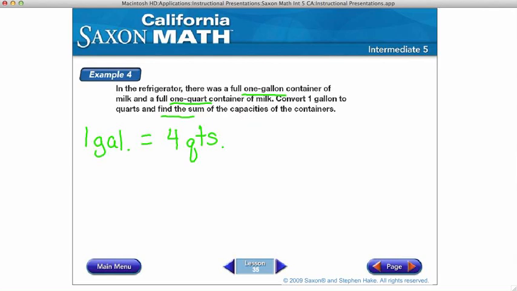The capacities simply means how much of something, how much something holds. So find the sum. I'm going to take my 1 gallon, which I know is 4 quarts, add my other quart, and we have a total of 5 quarts of milk.